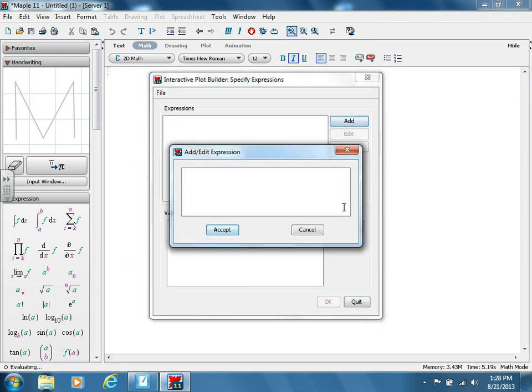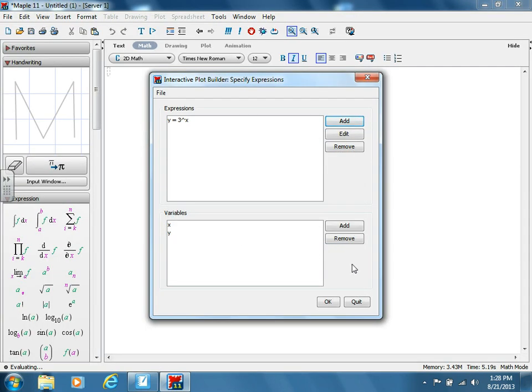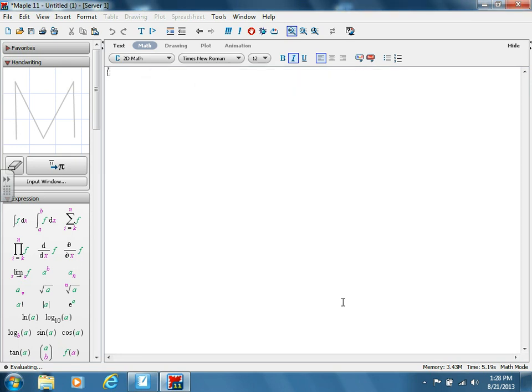Going to add an expression. Y equals 3 raised to the x. All right, accept that. Boom. Excellent.